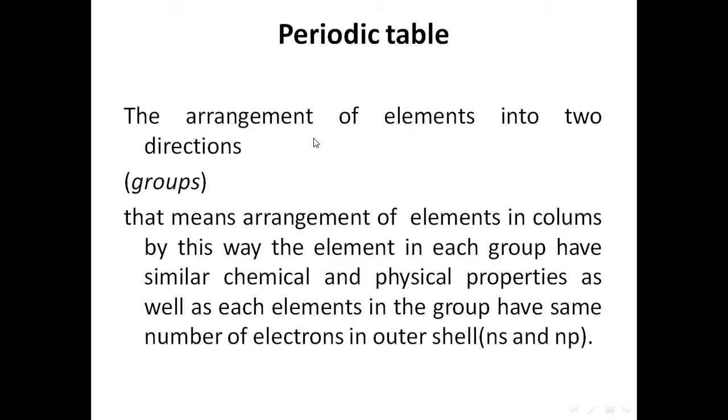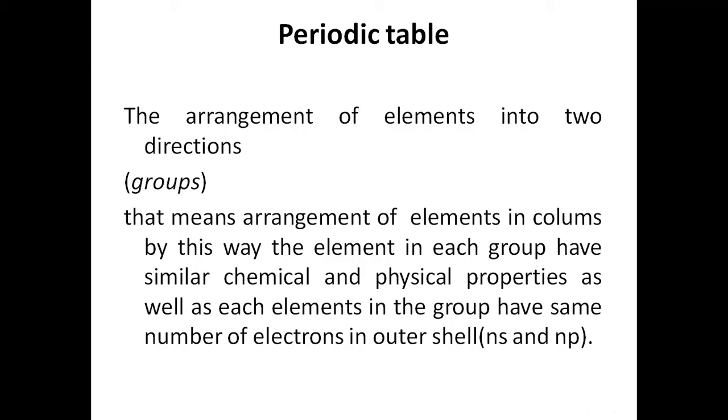The elements in the periodic table are classified in two ways, the first called groups.